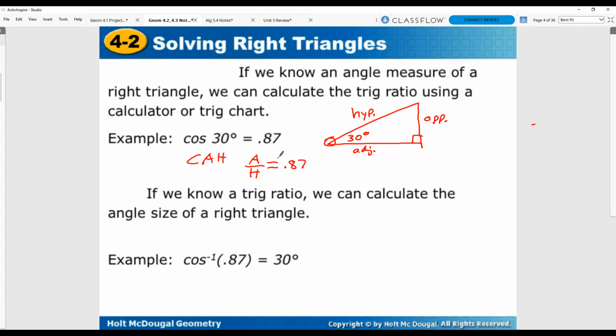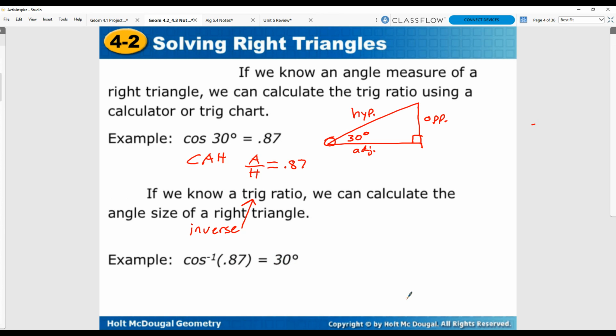All right, we could also go the other way, which means we could do an inverse trig ratio. And what that means is if we know what the trig ratio would be, like if we know it would be 0.87, we can use our calculators to tell us what the angle size would be.